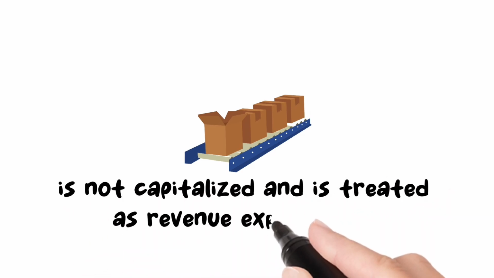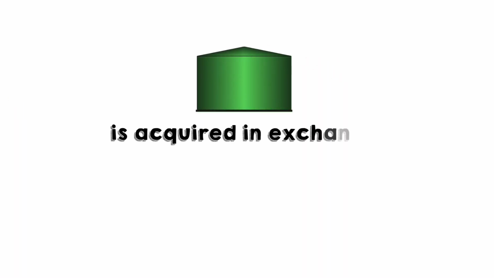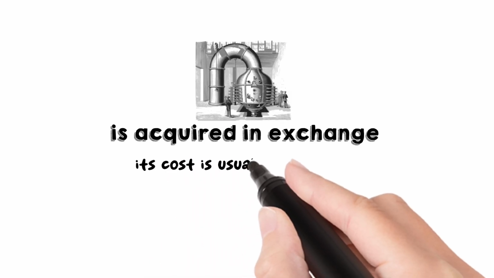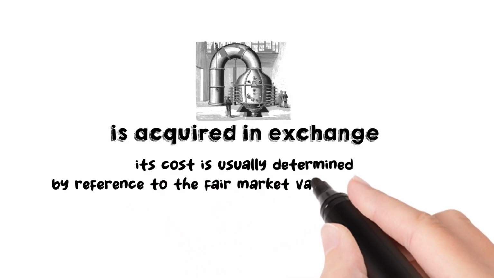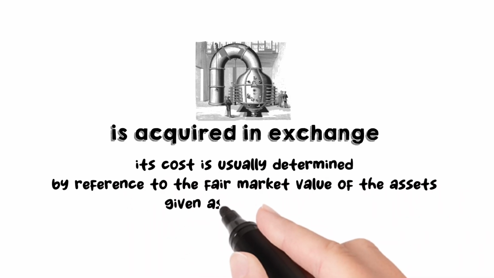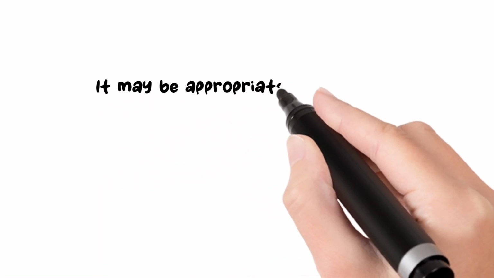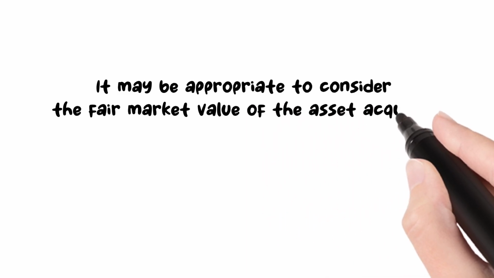When a fixed asset is acquired in exchange for another asset, its cost is usually determined by reference to the fair market value of the assets given as consideration. It may be appropriate to consider the fair market value of the asset acquired if this is more clearly evident.